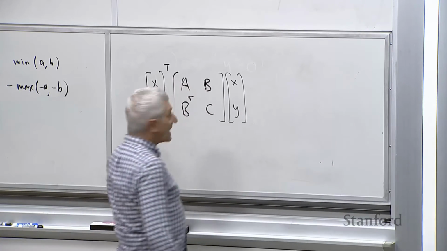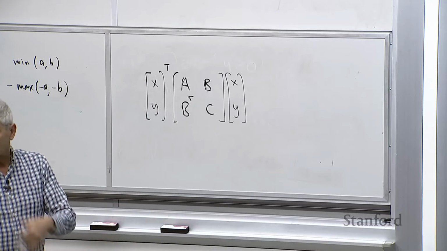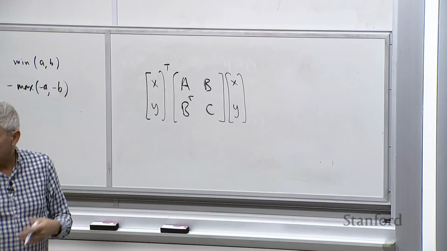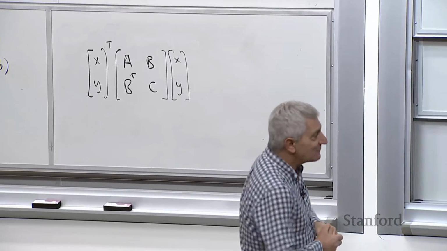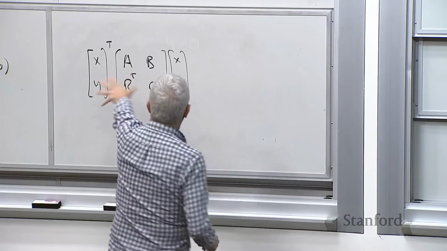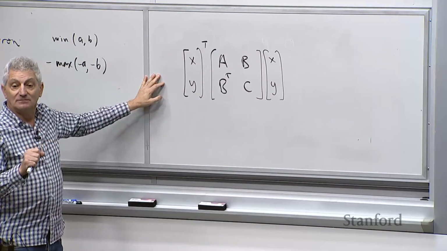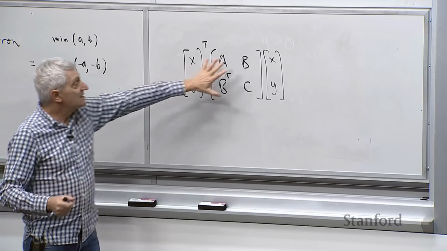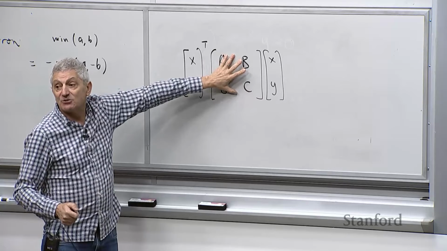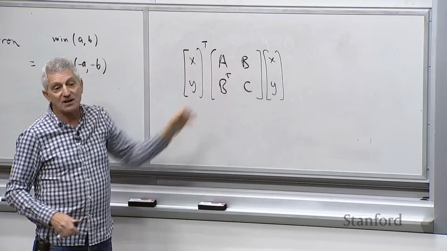So that's a quadratic form in the stacked vector xy. And what we're going to do is ask, when is this function convex jointly? Yeah, this block 2x2 matrix has to be positive semi-definite. That's the condition on which this is convex.